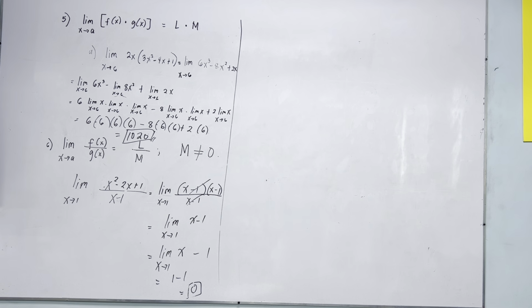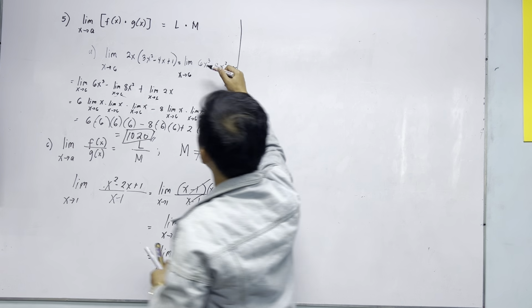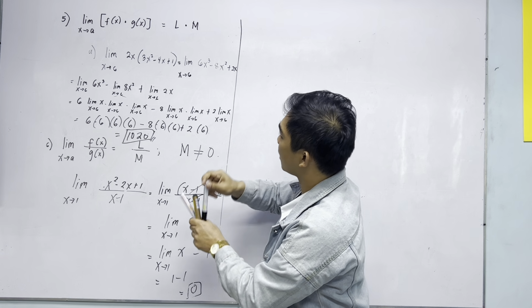Sa number 3, 3 times 5, 15. We have negative 7 squared, 49 times 2, 98. Pwede ba ganyan? Minus 7 times 5, so 15 minus 35. O, try nga natin dito. Pag nandito na tayo, substitute na natin.